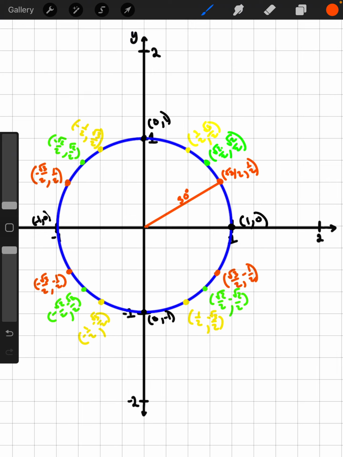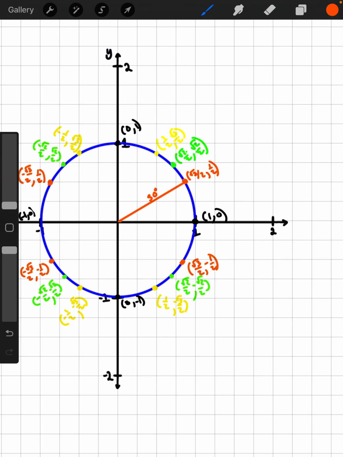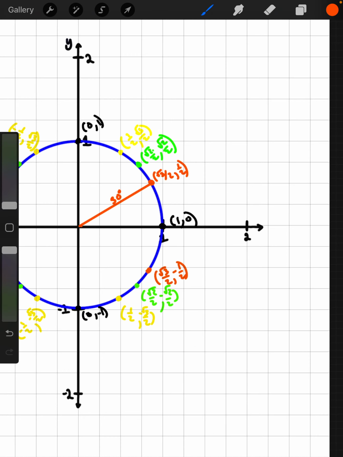But one of the things we do with the unit circle is we don't just measure angles in degrees. We measure them in radians. So a radian is another way of measuring an angle, and it's related to how many times the radius can go around the entire circle, around the circumference of the circle. So the conversion rate is that to go from degrees into radians, you multiply by pi over 180.